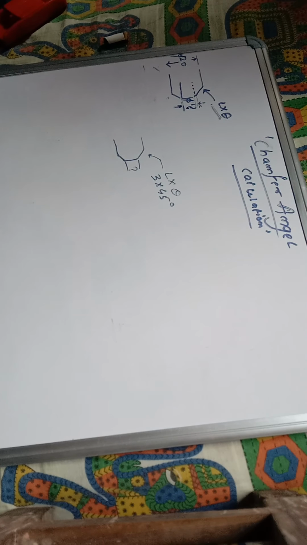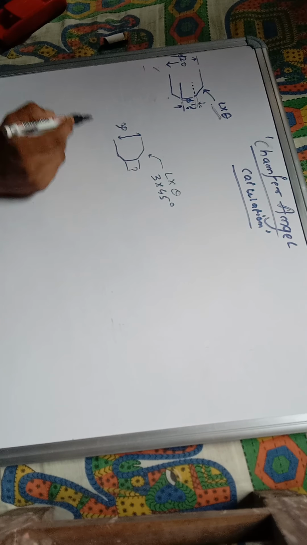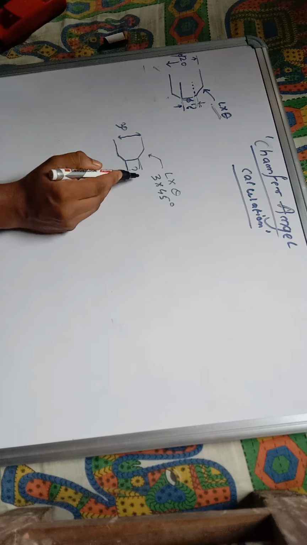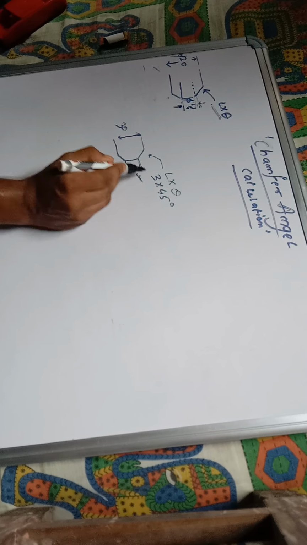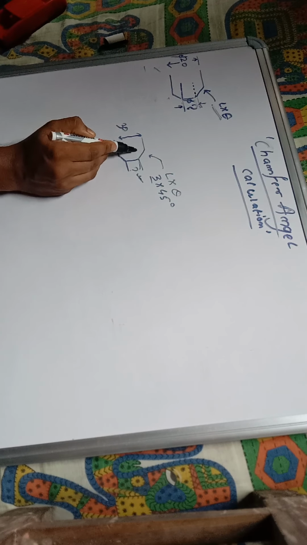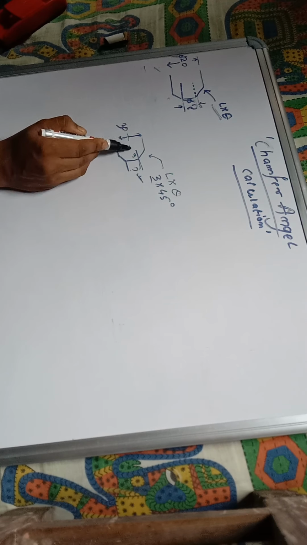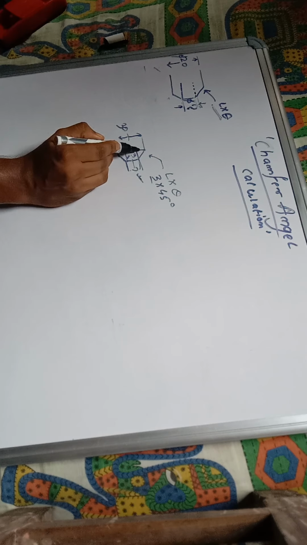The die is 30, and you have to find this OD. You know the horizontal length is 3, and as it is symmetric, that is also 3.